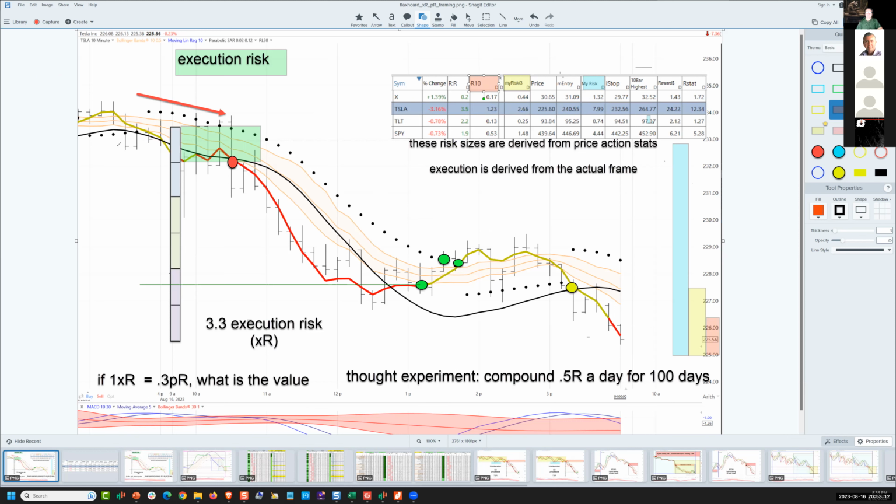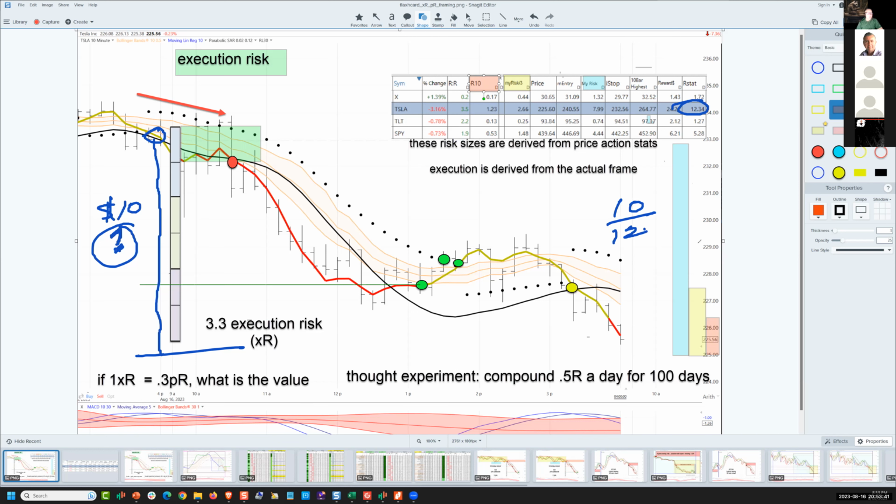So if that move from here to a close down about here is $10, what can we say about that? What can we say about a $10 move? Well, I can just go over here and say the range stat is $12. And so it moved $10 out of a $12 range stat.